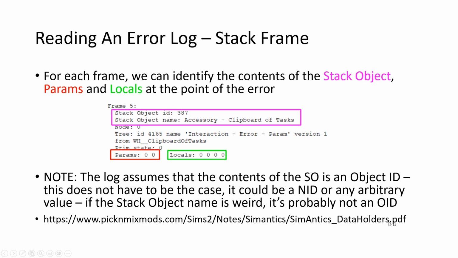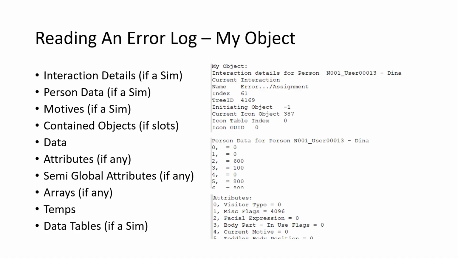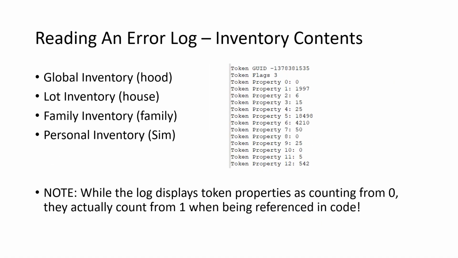Reference to a document there that you can look at, which gives you a lot more information about what parameters and locals are. It gives us lots of information about what was currently in the globals, and other information. Then it gives you a whole load of information about the my object, which is usually the sim, and that's a lot of data.